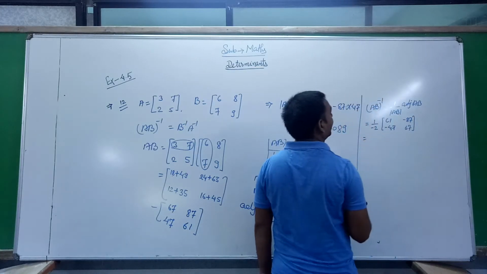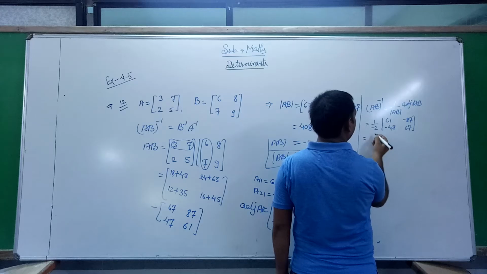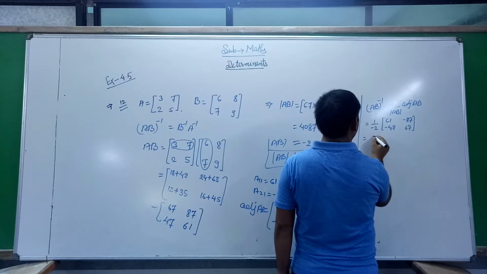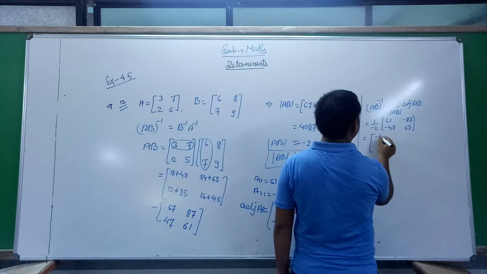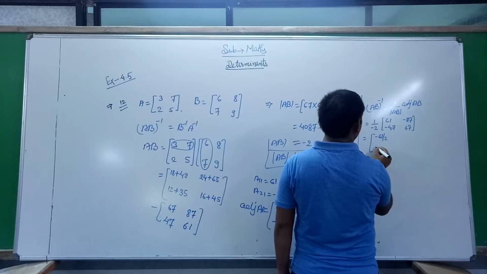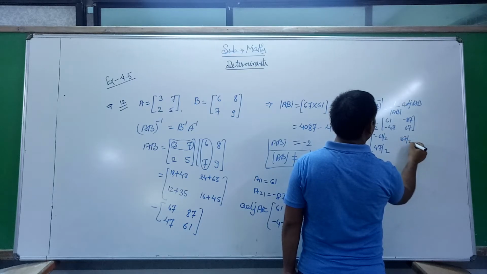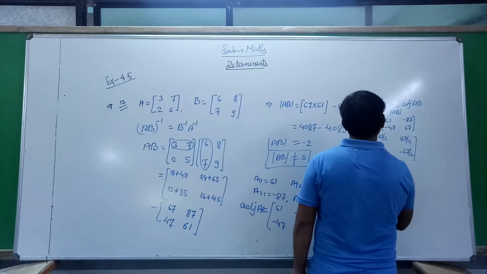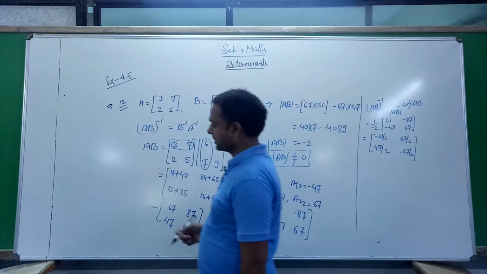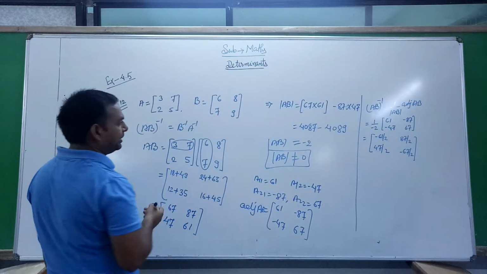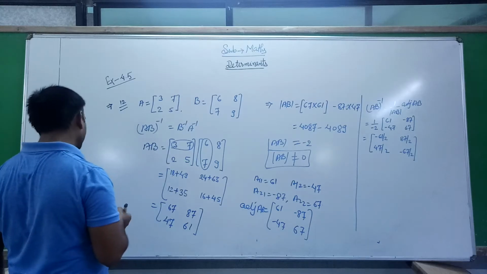Removing the sign and dividing by 2, this is equal to minus 61 by 2, plus 47 by 2, and 87 by 2, and minus 67 by 2. This is the value of AB inverse.